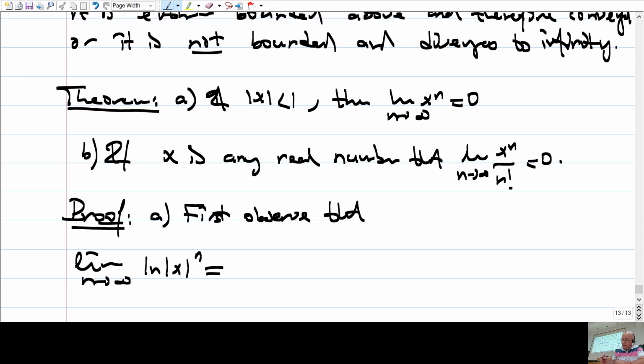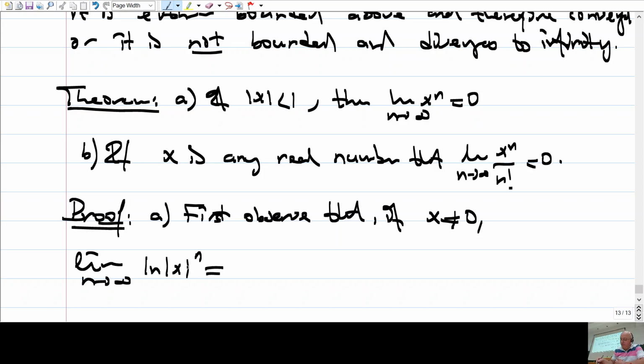Of course, here we assume x is not 0. If x is 0, then logarithm of 0 doesn't make sense, but in that case 0 to the power n is 0, therefore the limit is 0. So without loss of generality, we may assume that x is not 0.